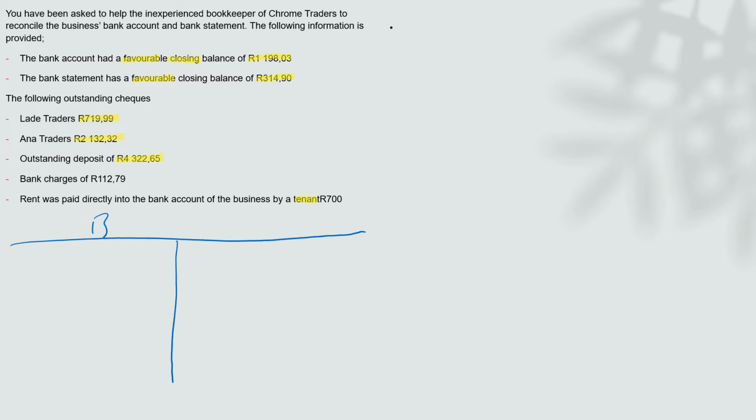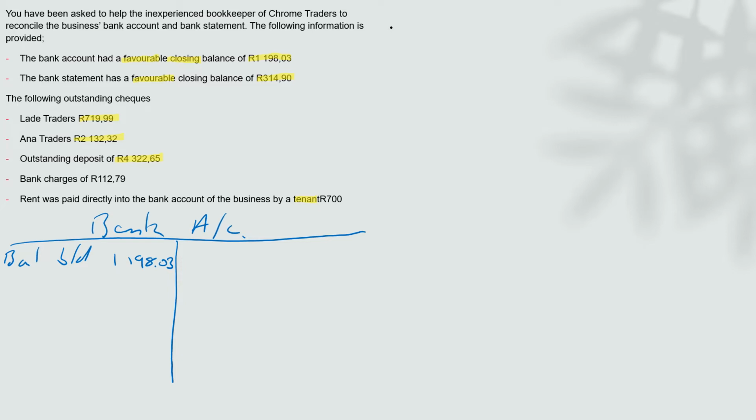That will be the bank account. So you put balance brought down of 1,198 and 3 cents.